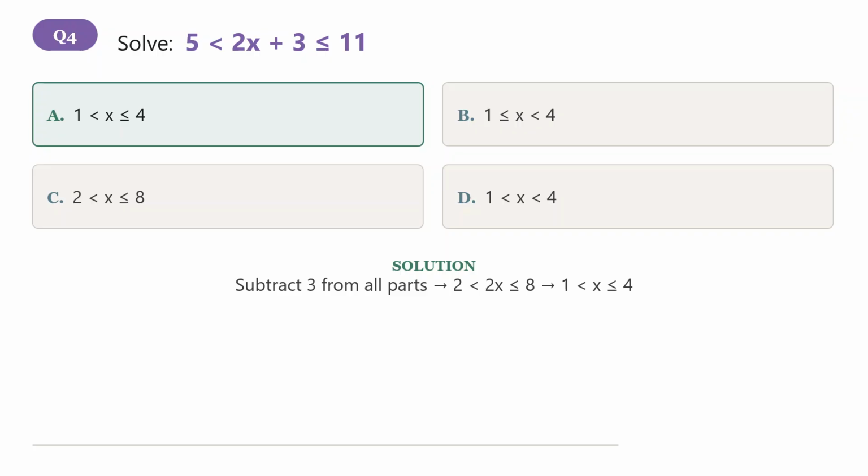Divide all three sections by 2 to get 1 is less than x less than or equal to 4. Choice C, 1 less than or equal to x is less than 4, is the endpoint flip trap. The inequality types on the original sections are strict on the left and weak on the right, so the answer must preserve the same pattern. Choices B and D mishandle one or both endpoints.